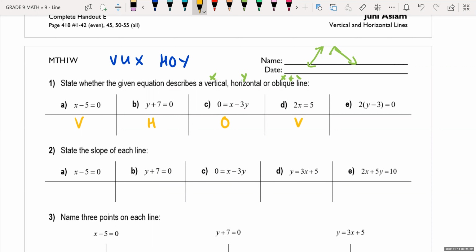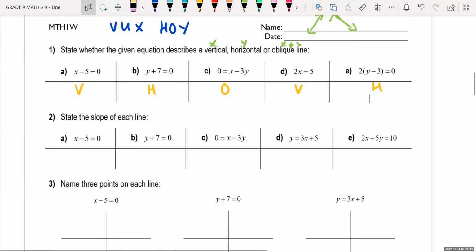And it's going to be vertical. Good. And then, you know, it doesn't matter how complicated the equation is. You just look at what letter it is, and there's only a Y in there. 2 bracket Y minus 3 is equal to 0. So what do you think? That is going to be horizontal. Excellent.